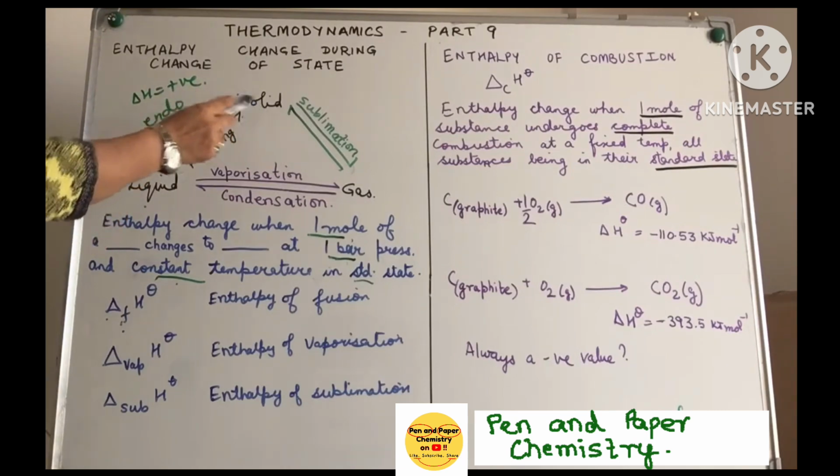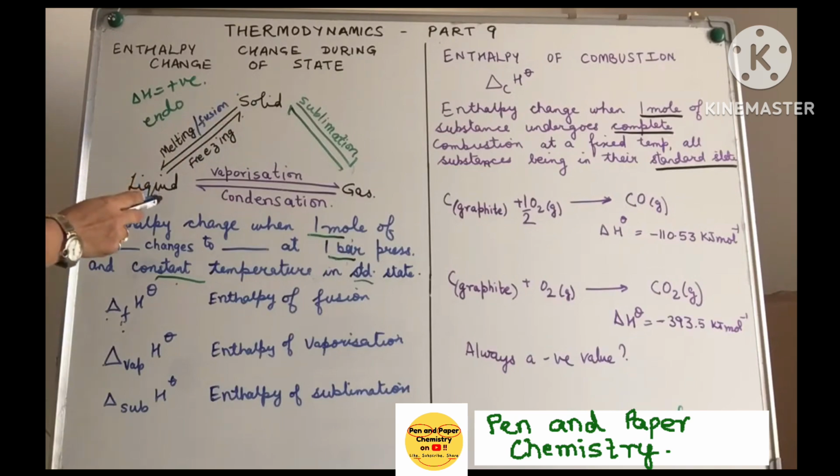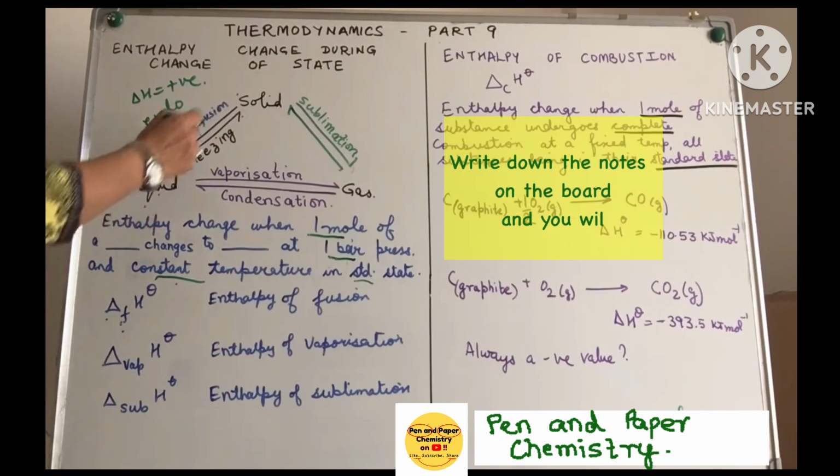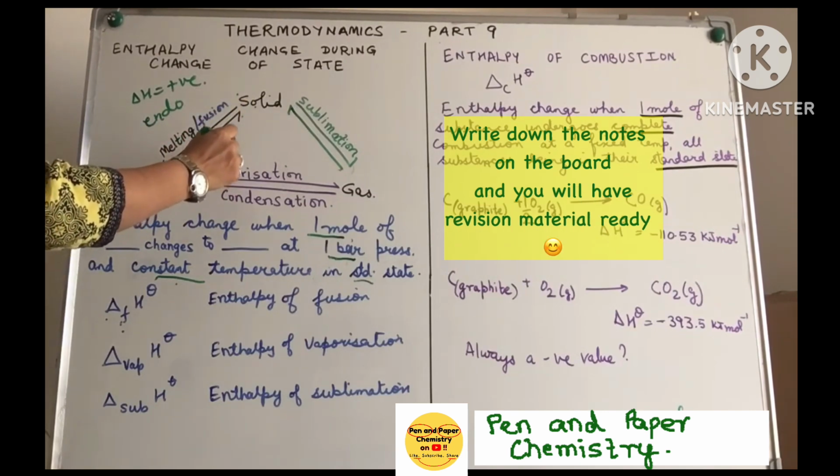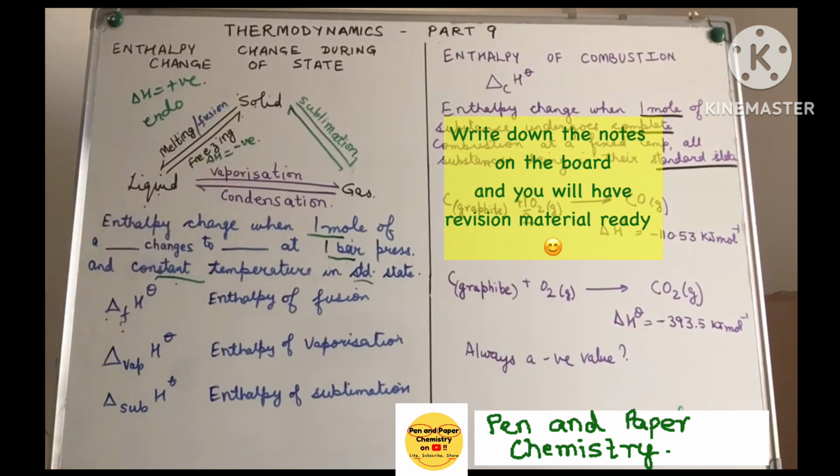What about the reverse process? Here, you need to bring the particles closer to each other. In other words, heat will be given out because the particles are coming closer to each other. You need to cool it. So liquid changing to solid, delta H becomes negative. That means now it becomes an exothermic process.